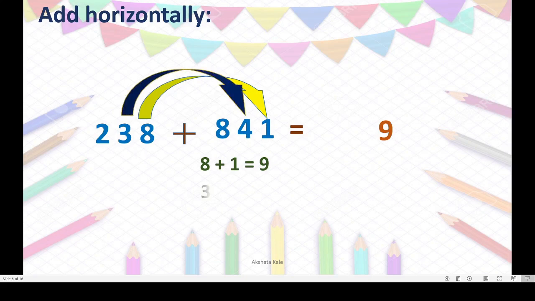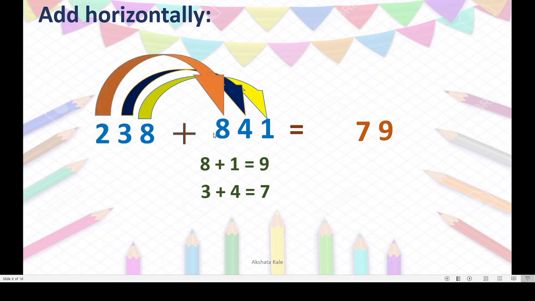So 3 plus 4. How much? 7. So we will write 7 here in the tens place. Then we will move to the hundreds place. 2 and 8 are there in the hundreds place. Now we will add these two numbers, 2 plus 8 is equal to 10. So we will write 10 here. Our sum is over.